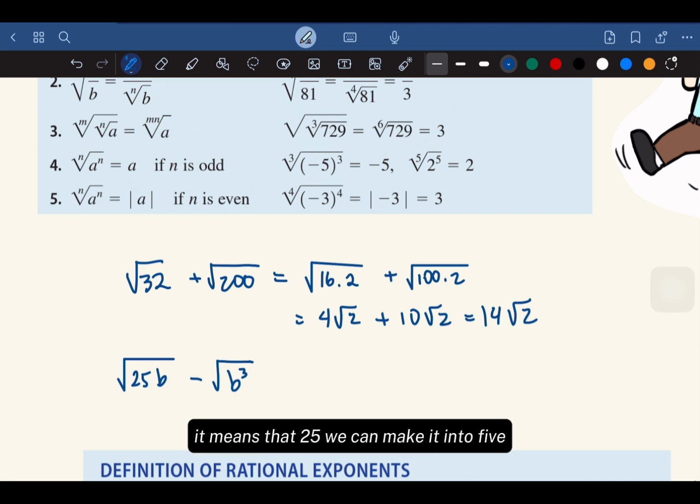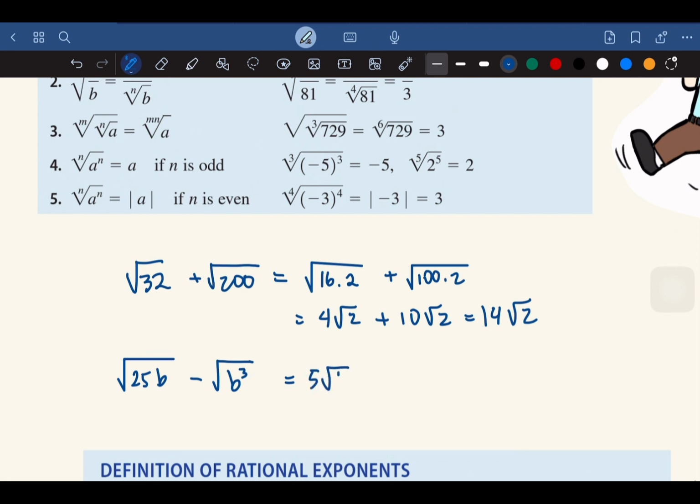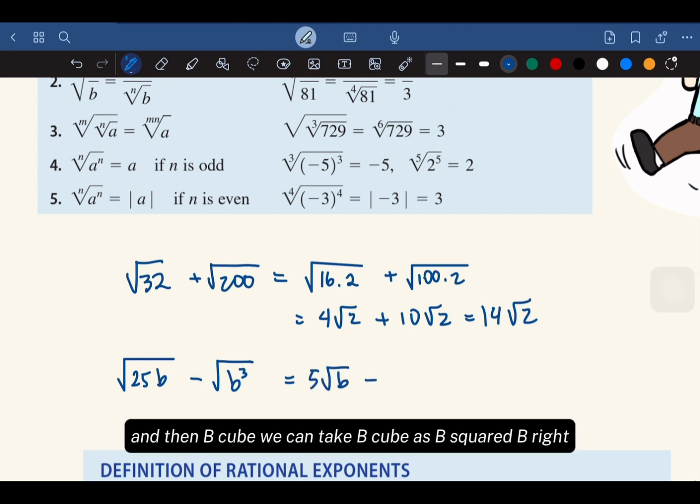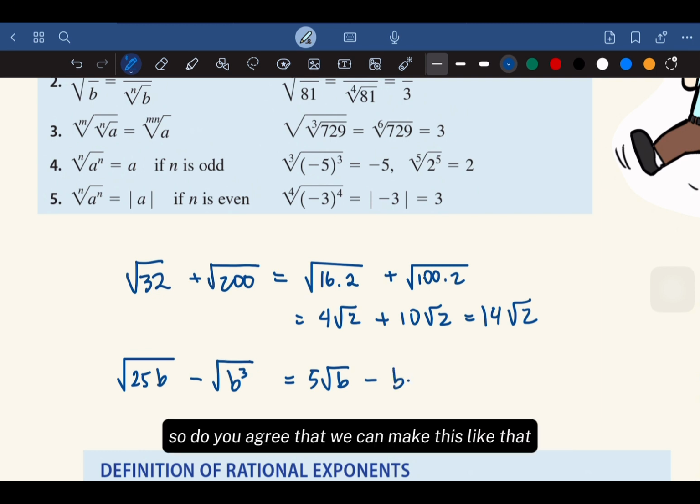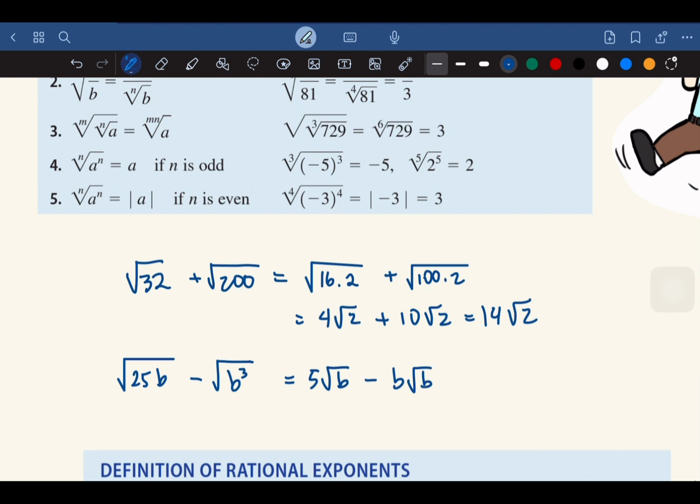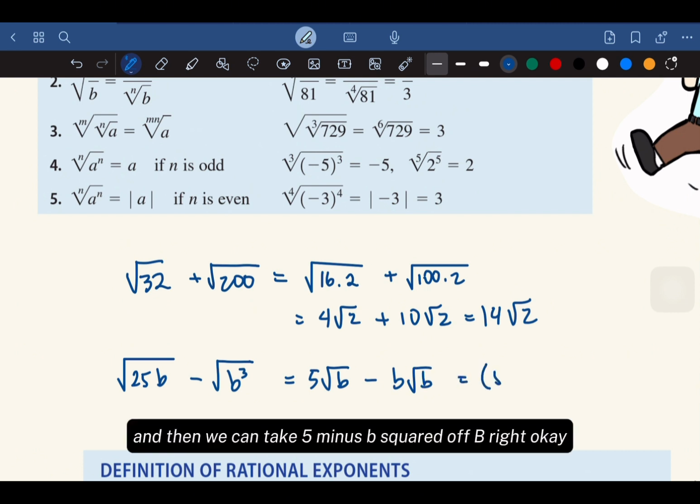It means that 25 we can make into 5, and then b cubed we can take as b squared times b, right? So do you agree that we can make this like that? And then we can take 5 minus b square root of b, right? Okay.